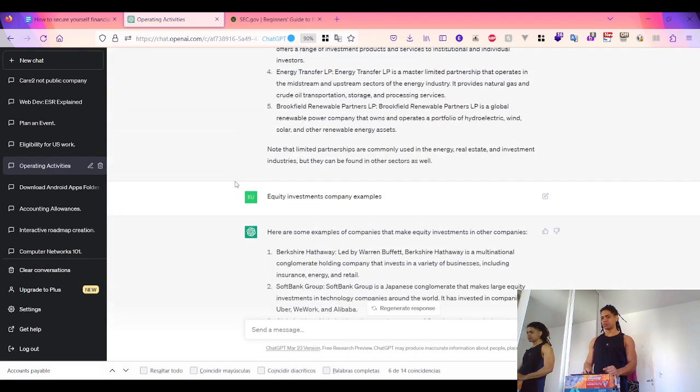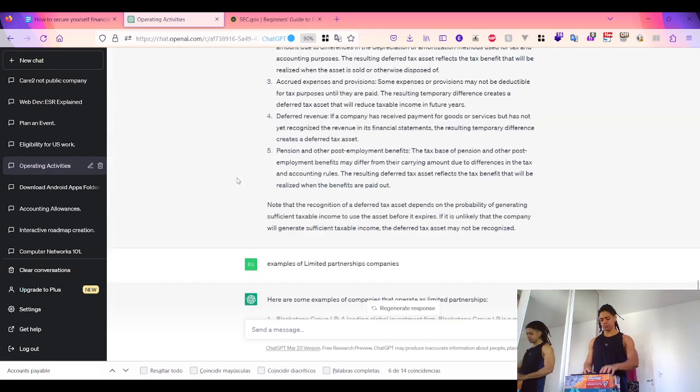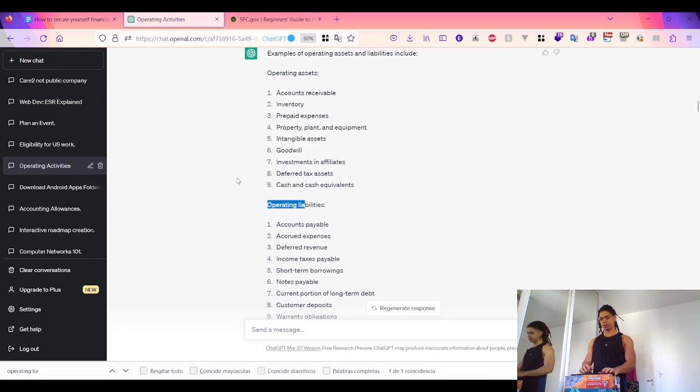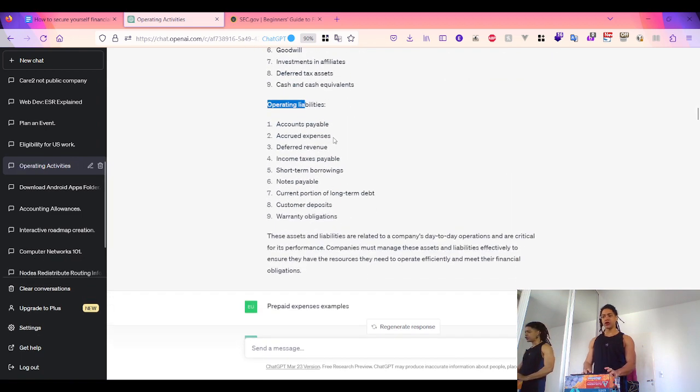In operating liabilities, then I look at accrued expense. In Spanish, this is gastos acumulados.